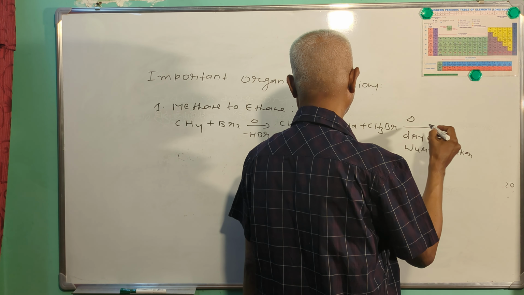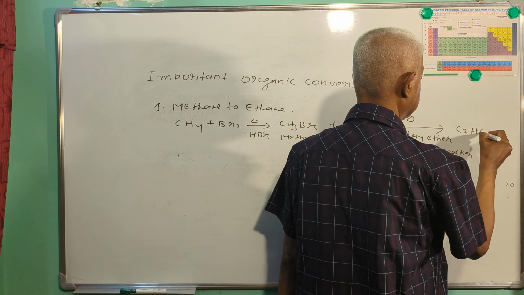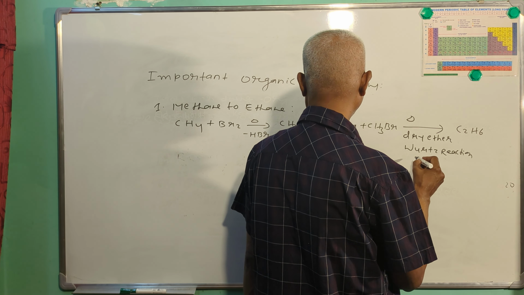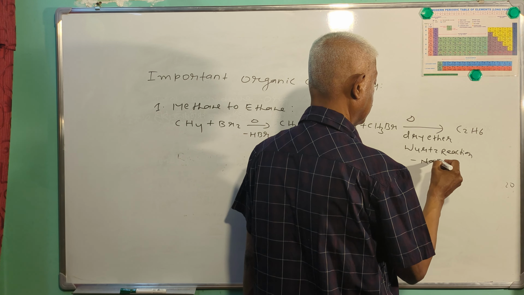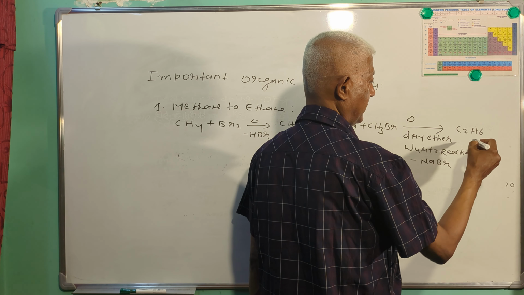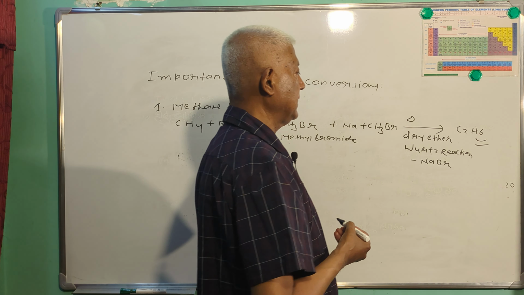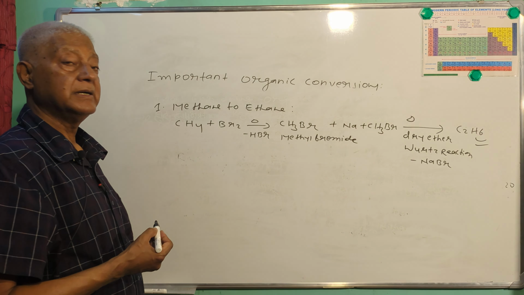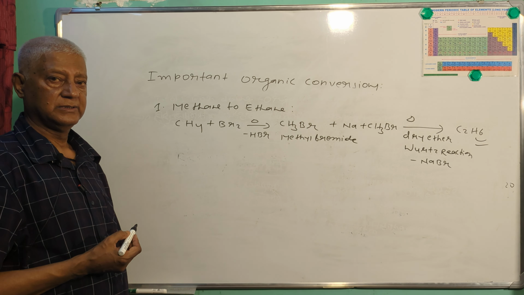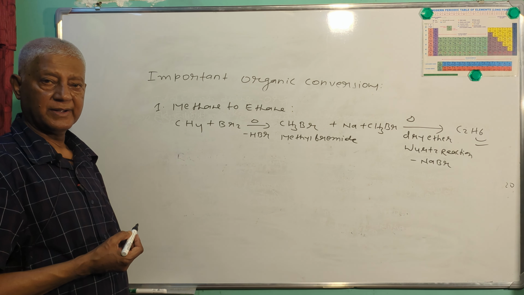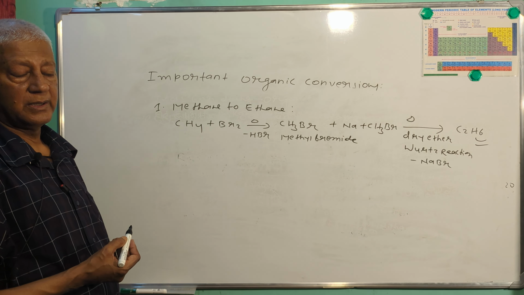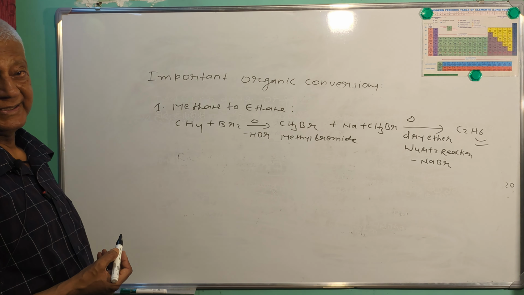We get C2H6, and the side product is sodium bromide. We only have to write down the major product as the condition; there is no need to balance or write the side products here.